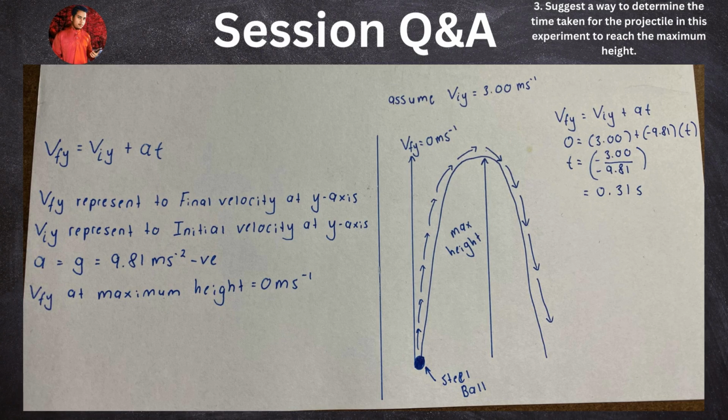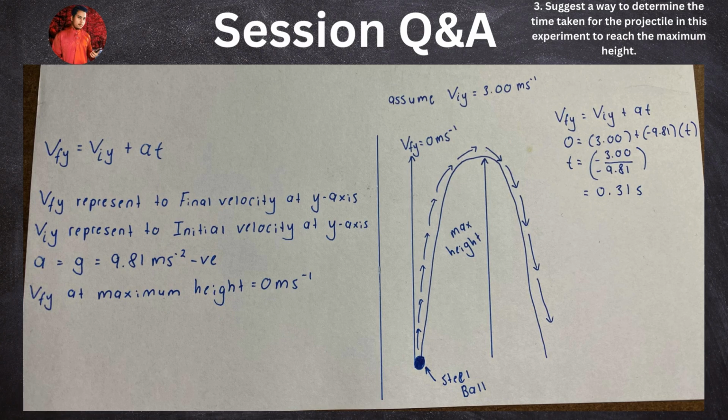The Vfy we know is 0, Viy we also know is 3, and a we know is g, which is 9.81 meters per second squared in negative terms. So 0 equals 3 plus negative 9.81 times t. For the time taken, we just use our calculator and we get 0.31 seconds. Okay, that's the answer.